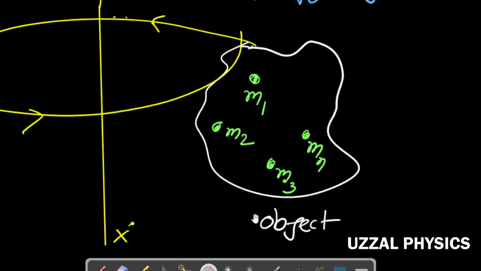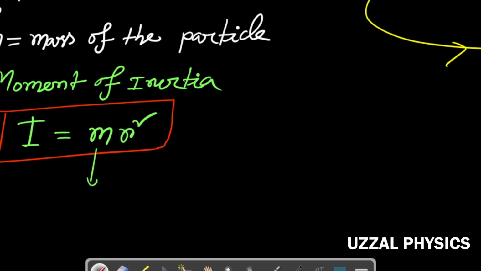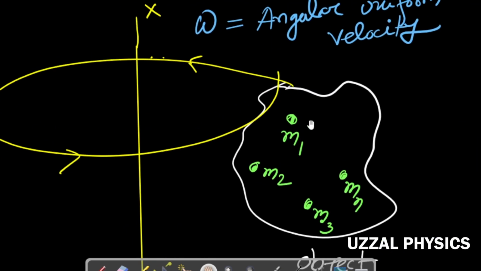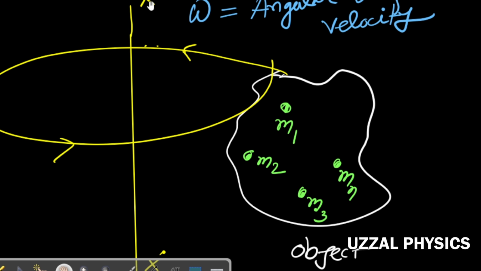With the help of the equation for the moment of inertia of a particle, I equals m r squared, our duty is to first find the mass of a particle, and then find the perpendicular distance between the rotational axis and the particle. Now, if this object rotates around the x prime axis, then the angular velocity is omega for every particle m1, m2, m3 and mn.